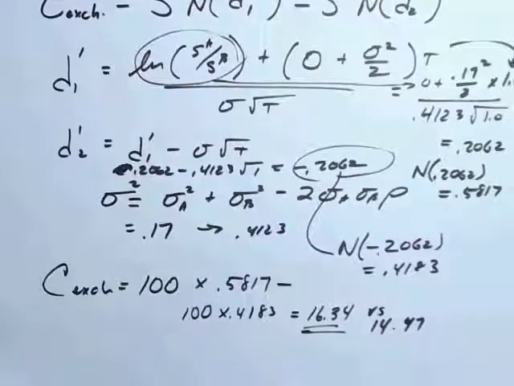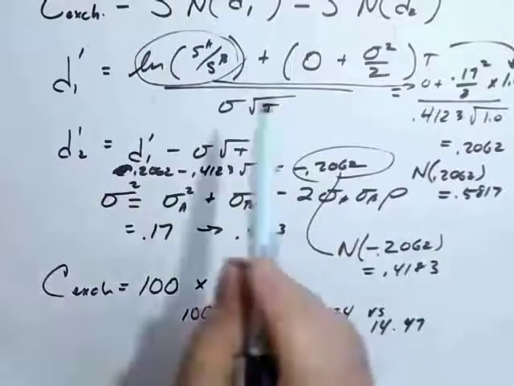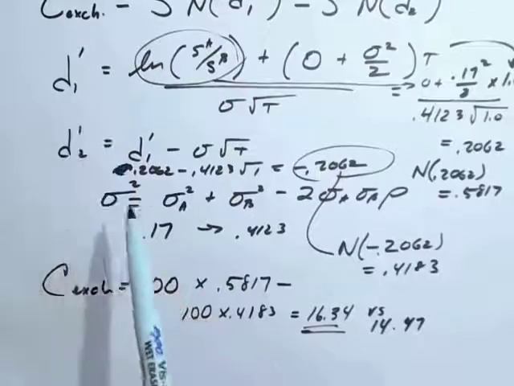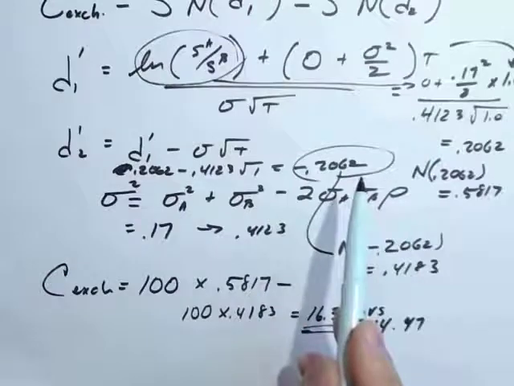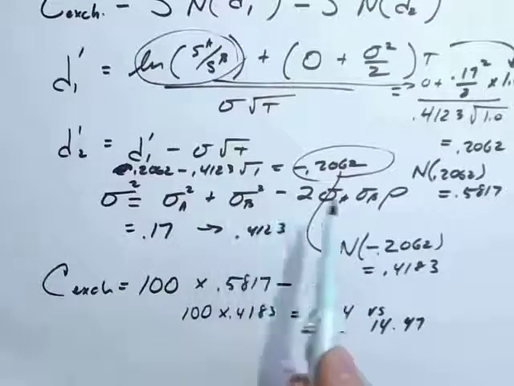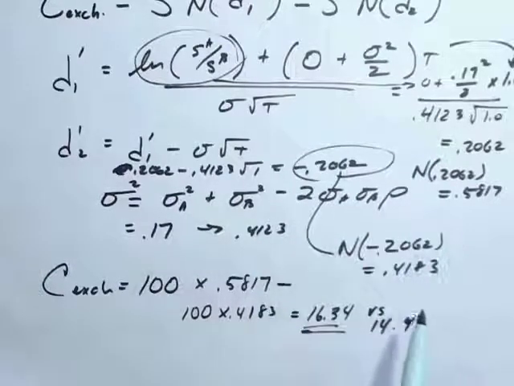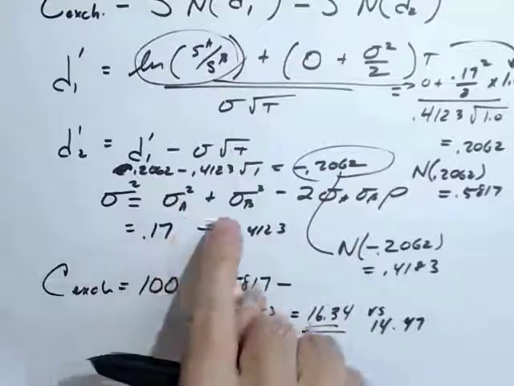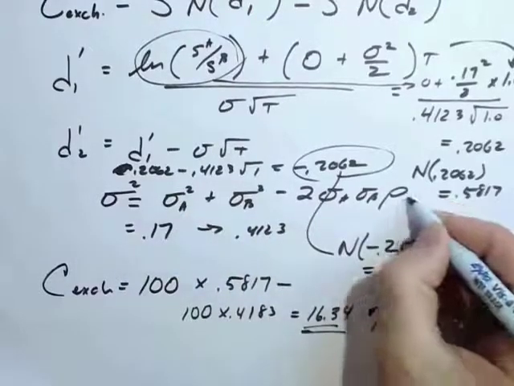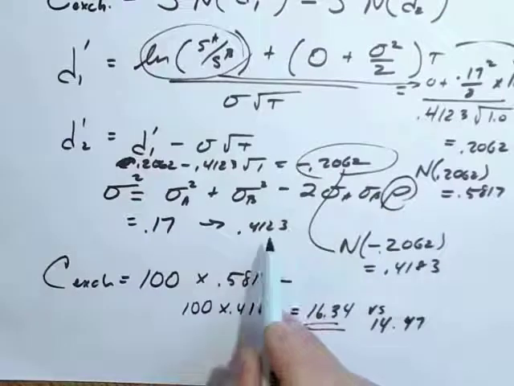Now, what's really cool about the model is you might want to ask yourself, how does the value of this call change with the change in correlation? In this example that I just did, the correlation was 0, and we ended up with a $16 option value. If I had changed the correlation to +1 and reran this model, I would get a different sigma, because I would change this input to +1.